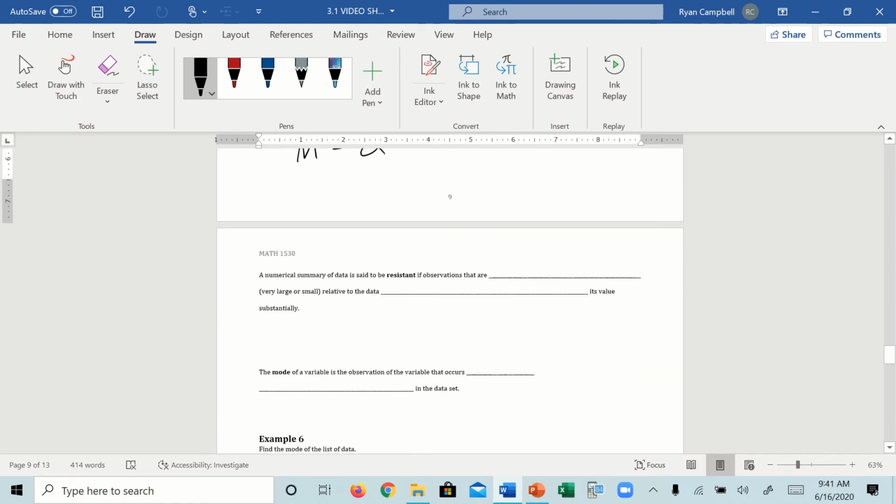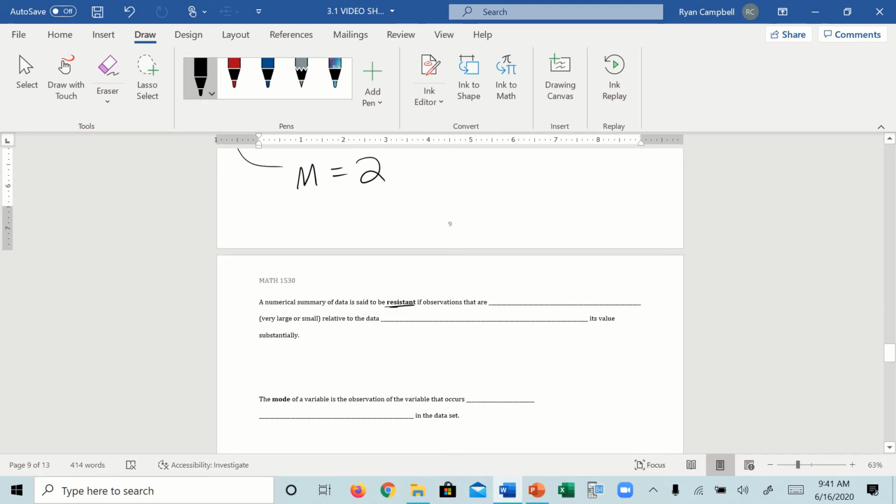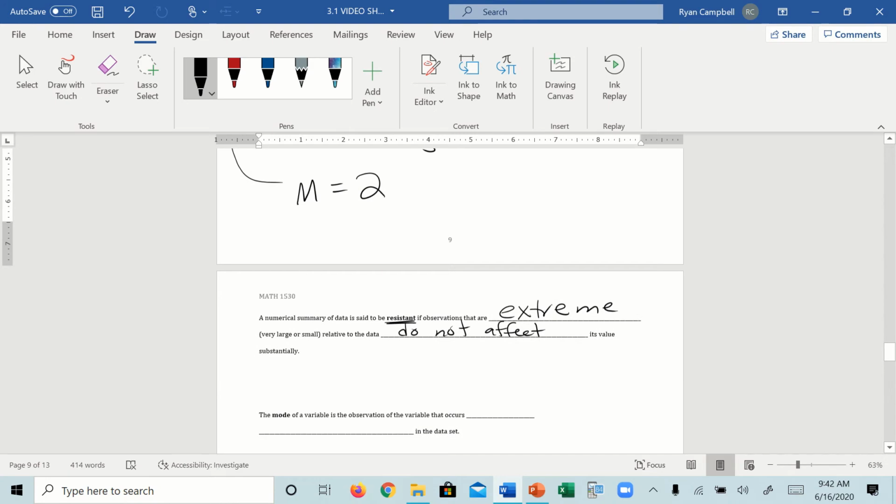But what we have here is what we're going to be calling resistant. So a measurement is resistant if there are extreme values, so really small values or really large values, and those extreme values do not affect its value substantially.